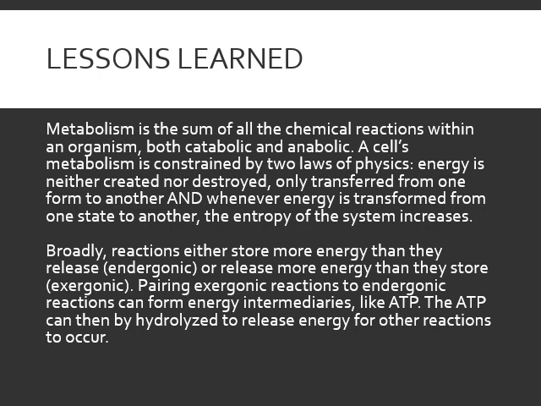This adenosine triphosphate is the primary energy currency of the cell. And that ATP can then be moved from one place to another, then hydrolyzed, so hydrolysis, exergonic reaction, catabolism, to release energy. And that energy will allow for other reactions to occur.